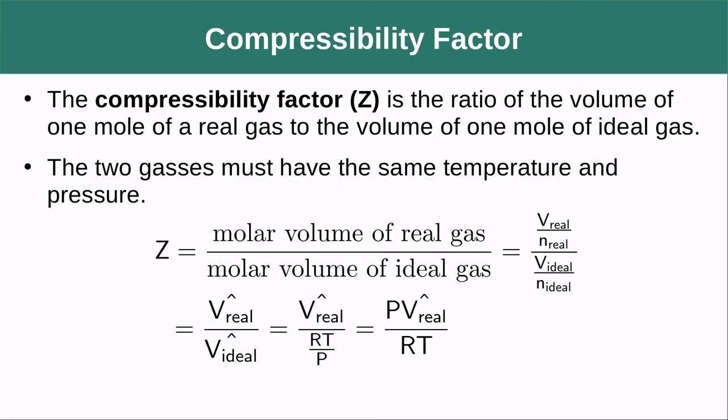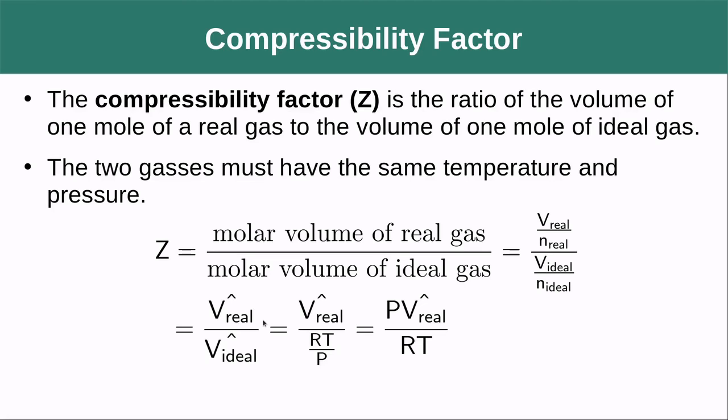The two gases must have the same temperature and pressure. So we get the molar volume of a real gas divided by the molar volume of an ideal gas. Molar volume means the volume divided by the number of moles, and you see that you put these little carets above it when you have the molar volume.